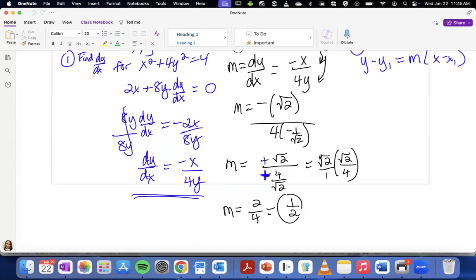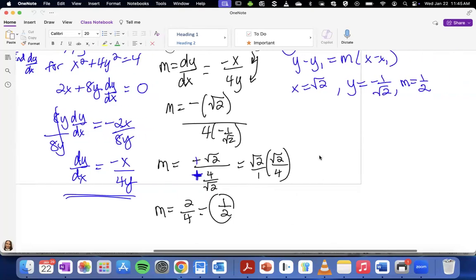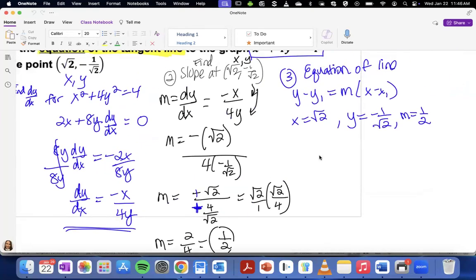Before I plug it in, I usually write x equals root 2, y equals negative 1 over root 2, and m equals 1/2. So plug it in: y minus negative 1 over root 2 equals 1/2 times x minus root 2.